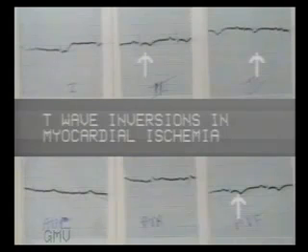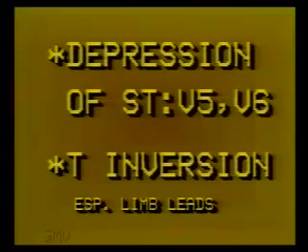So this ECG suggests ischemia of the inferior wall, that is, narrowing of posterior descending branch of right coronary artery. So to summarize, non-acute ischemia may be diagnosed from ST segment depression in leads V5 and V6 with flattening or inversion of T waves and T wave inversion in limb leads.